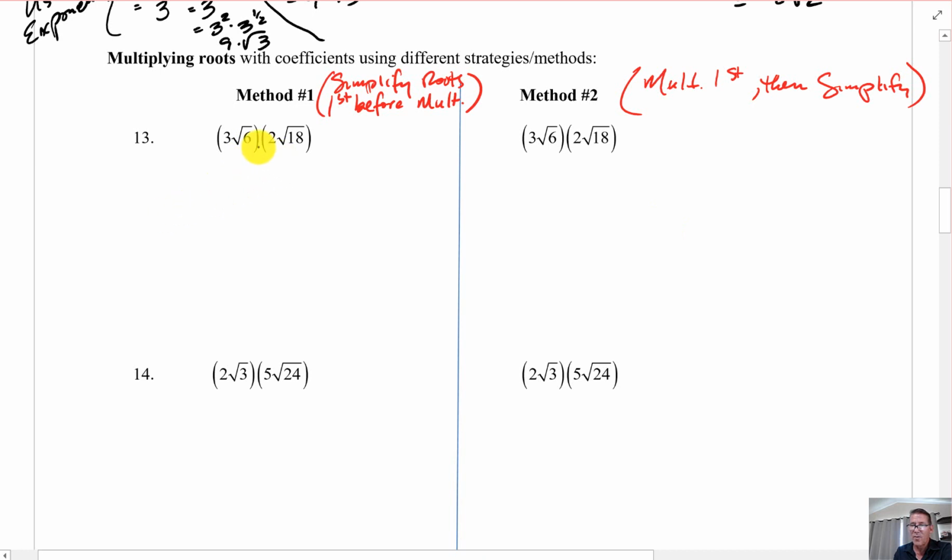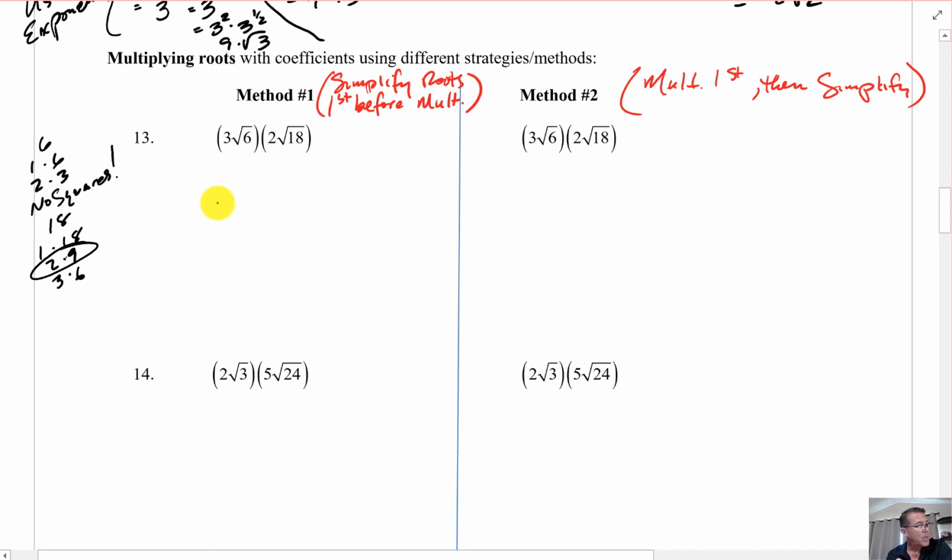We're going to simplify. Well, you can't simplify root 6, because the factors of 6 are 1 and 6, and 2 and 3, and there are no squares. But root 18 is a different story. 18 is 1 times 18, 2 times 9, 3 times 6. 9 is your square, so you can simplify root 18.